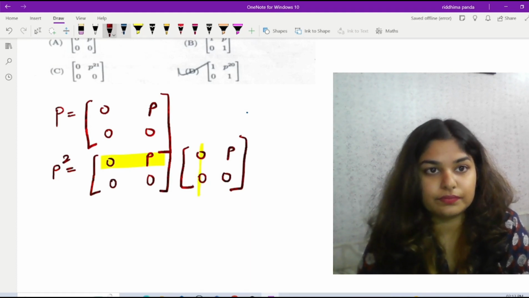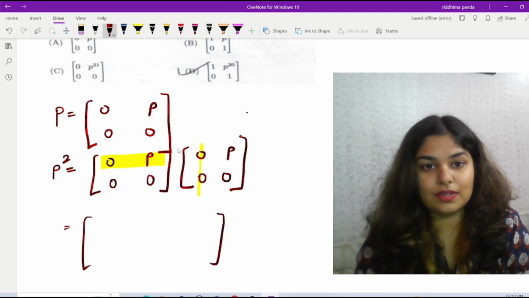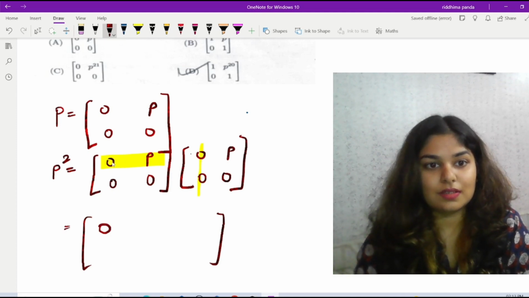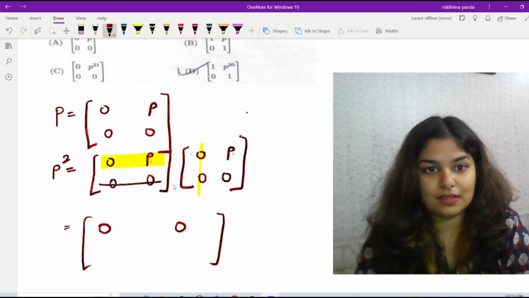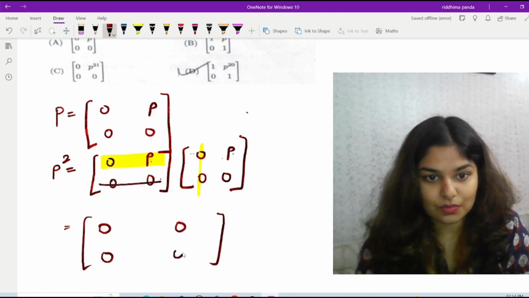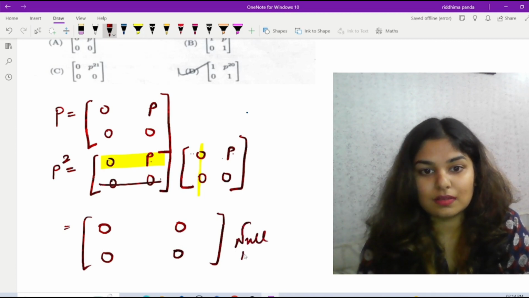First, that is 0 into 0 plus p into 0 is 0. Again 0 into p plus p into 0 is again 0. Now for this and this, that is 0 into 0 plus 0 into 0, 0. Again, 0 into p plus 0 into 0 is 0. So basically, p square is a null matrix.